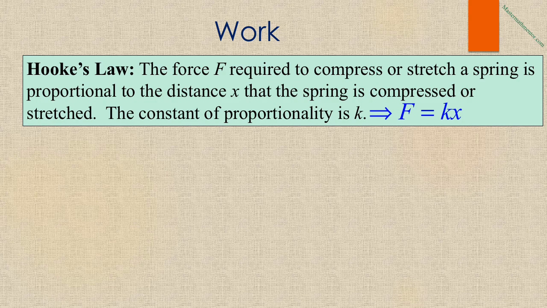If k is small, then not a lot of force is required to stretch the spring, while if k is large, then it's quite difficult to stretch or compress the spring. We say, therefore, that F is equal to kx.